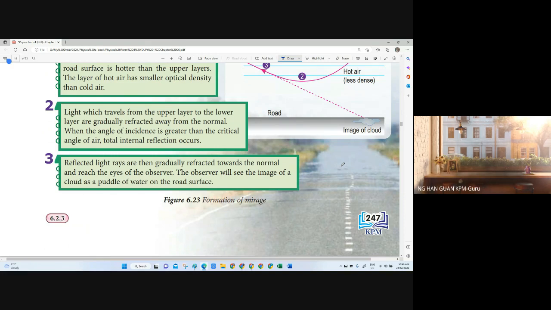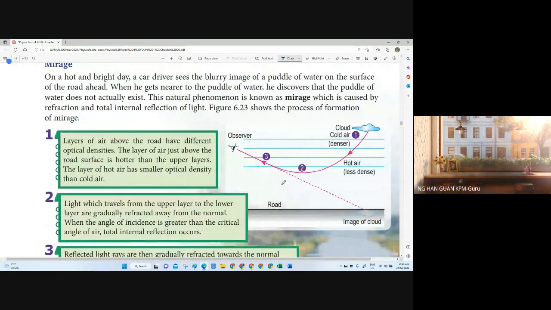Actually, what you see is a mirage. When you go there, there is actually no water, nothing there. All that you see from far away, the image appearing above the road looking like pool water, is actually just a virtual image, which we call a mirage. It is due to total internal deflection occurring from layer to layer. Just like the example here, the hot air is less dense.